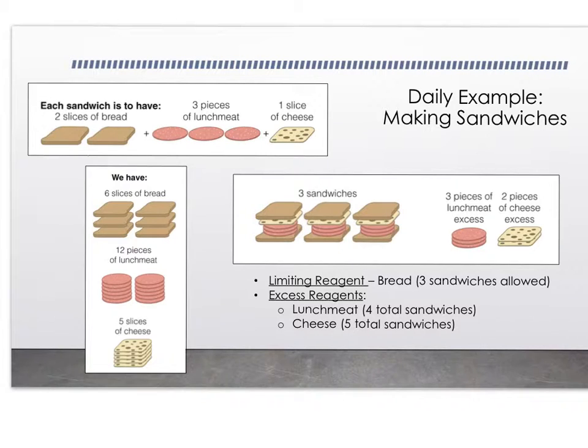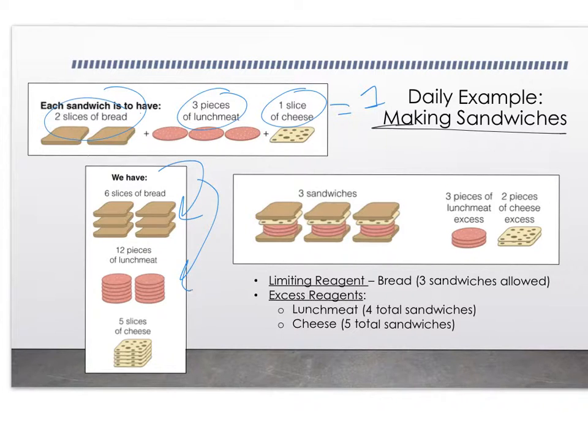Relating limiting and excess reagents to something like making sandwiches, we can look at the combination of 2 slices of bread, 3 pieces of lunch meat, and 1 slice of cheese. Each of these reactants is needed to make 1 complete sandwich. But if we have as reactants 6 slices of bread, 12 pieces of lunch meat, and 5 slices of cheese, how many total sandwiches could we make?